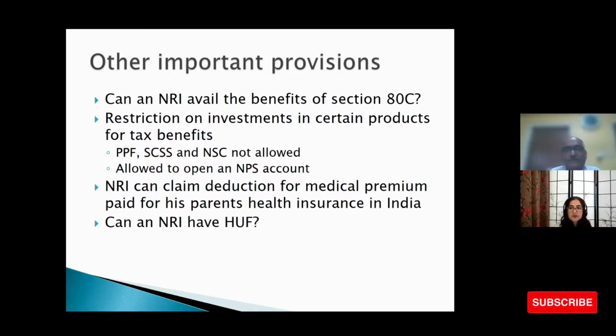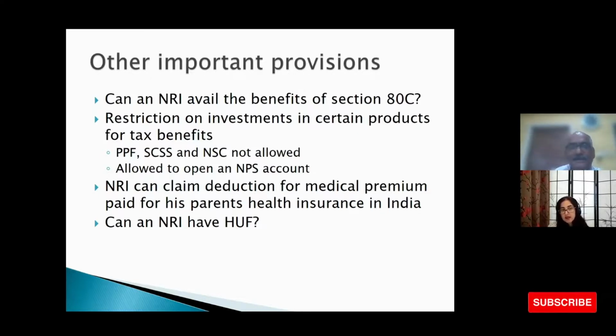I will share some of my articles on NPS. All non-residents can avail a tax benefit by buying health insurance for their parents in India. If your parents are below 60, you get a deduction of 25,000 rupees for the premium.